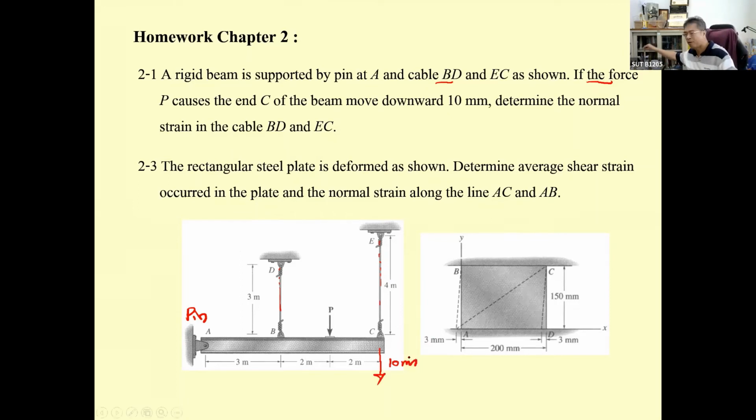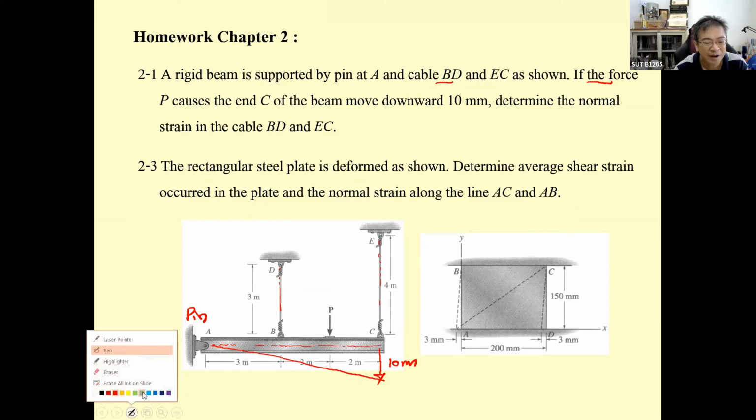The same thing. You may imagine this one. Usually the start is going to be here, and then when you apply the force, this one is going to be like this. The beam is very strong. So the center line passing through the centroid of the section will change into this one, and then you can see cable BD will have this elongation.